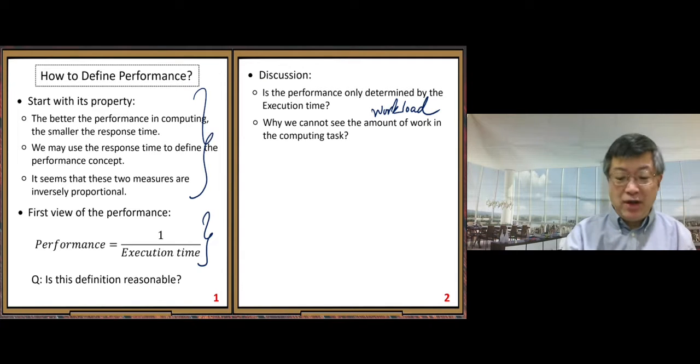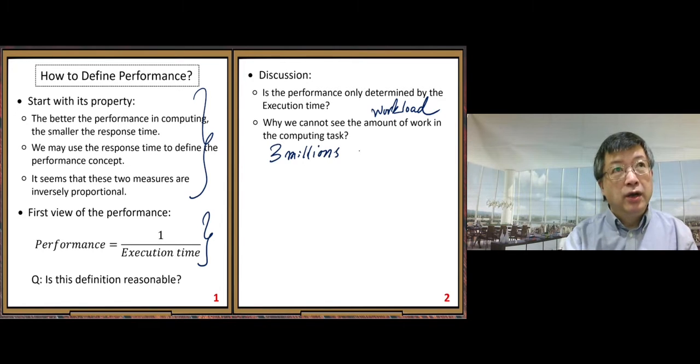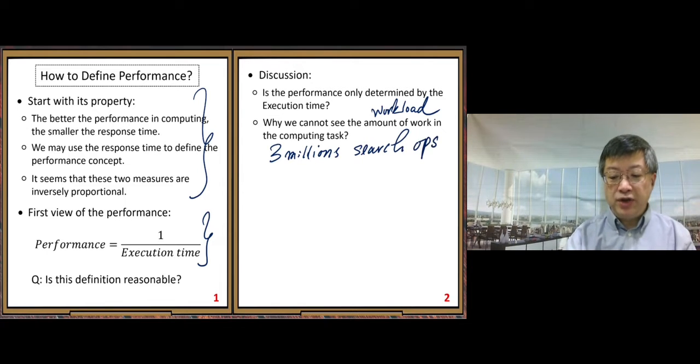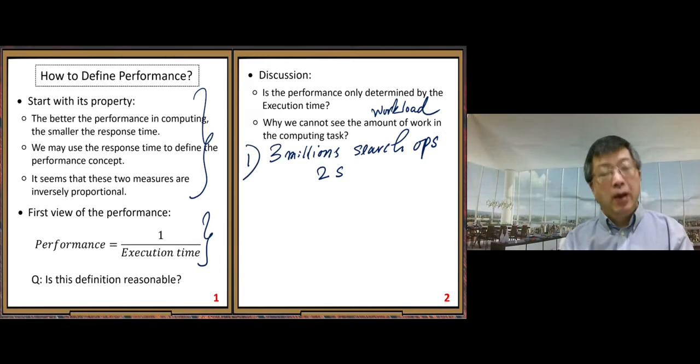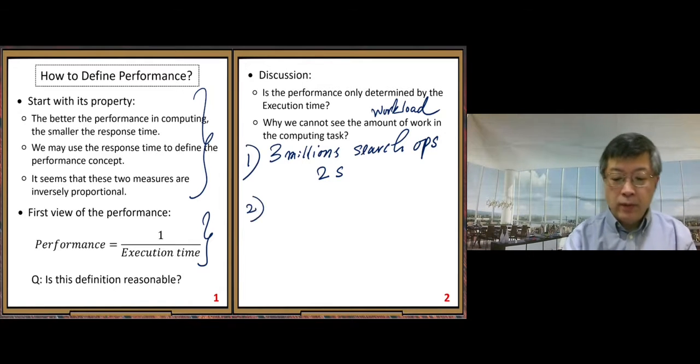For example, imagine the first program needs to do 3 million search operations using 2 seconds. The second program does 1 million search operations, same search operation, but in 1 second.